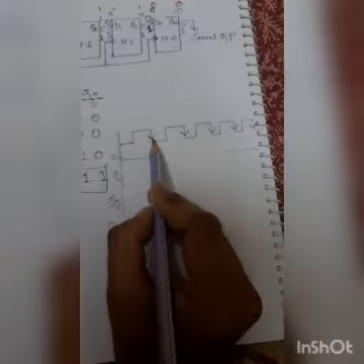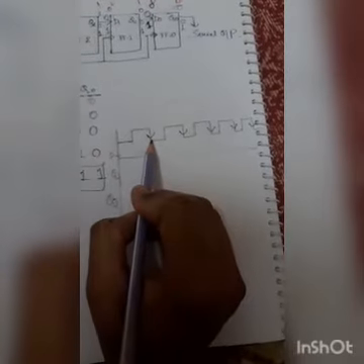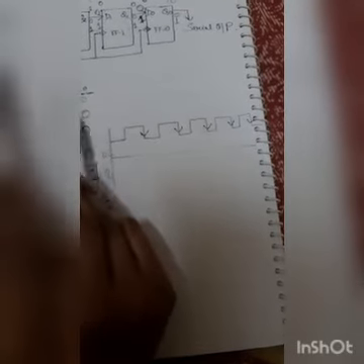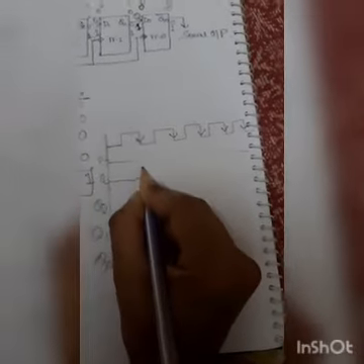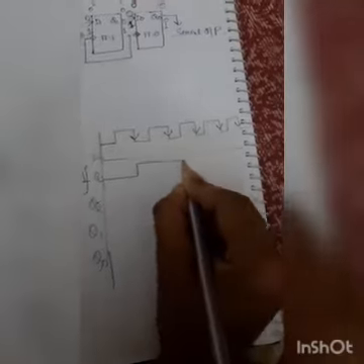As we see here, at the first edge of triggering, the first clock pulse edge, Q3 is 1 and the others are 0.